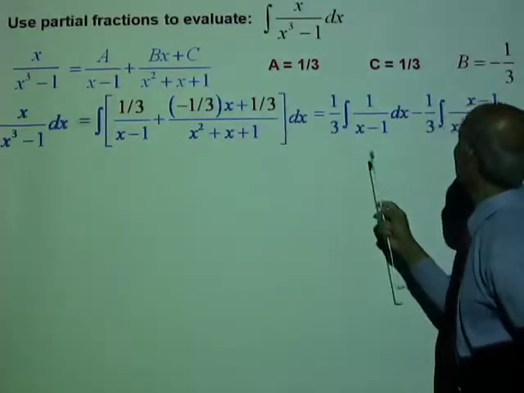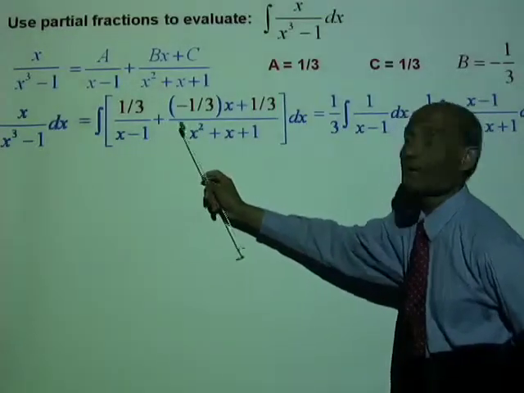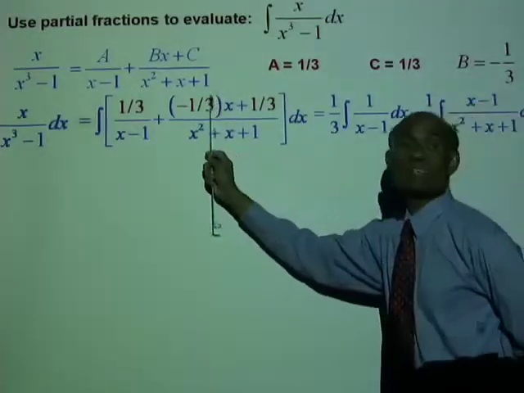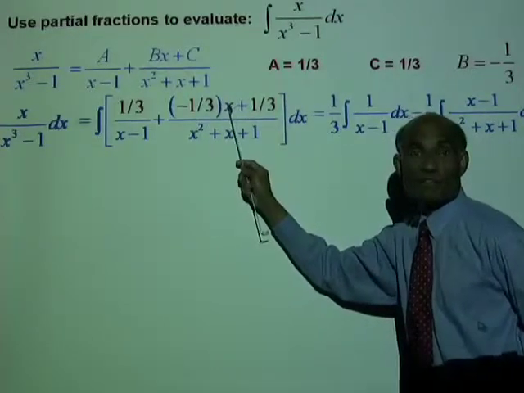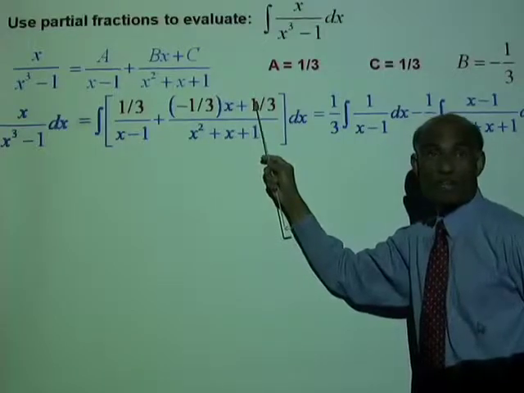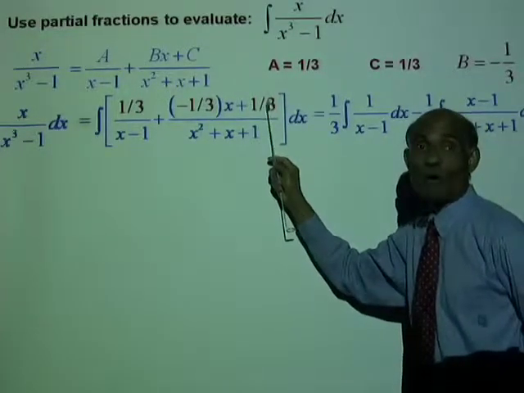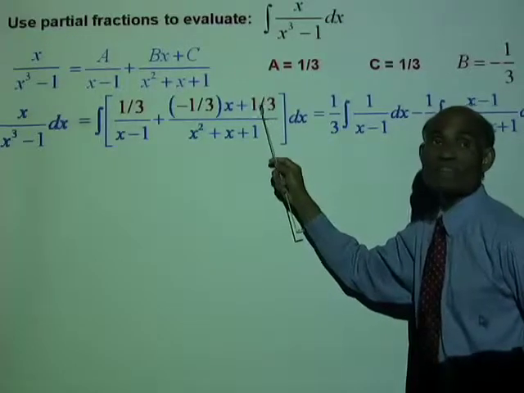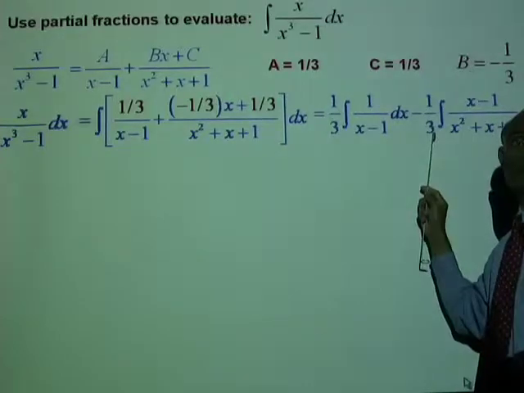And in the second term, we factor out a negative 1/3. Now remember, when a negative 1/3 is factored out from here, this x will remain positive and this will become negative 1, because 1/3 times negative 1 is negative 1/3. We factor that out. So negative 1/3 comes out.